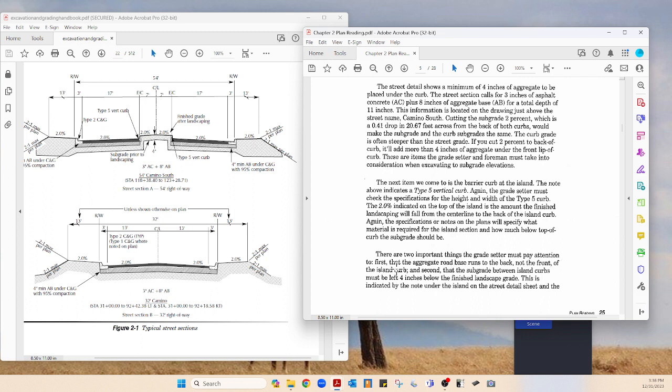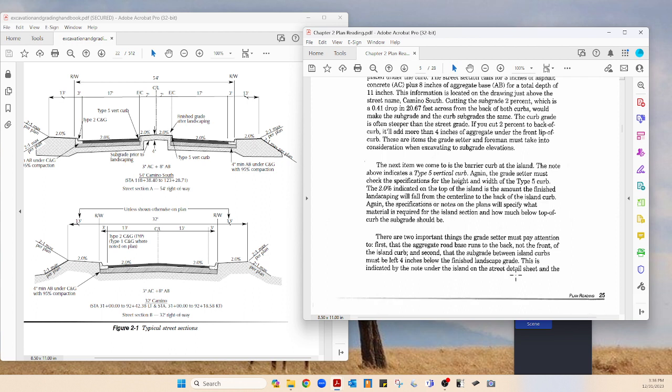Not the front of the island curb. And second, the subgrade between the island curbs must be left 4 inches below the finished landscape grade. This is indicated by the note under the island on the street detail sheet: subgrade prior to landscaping.